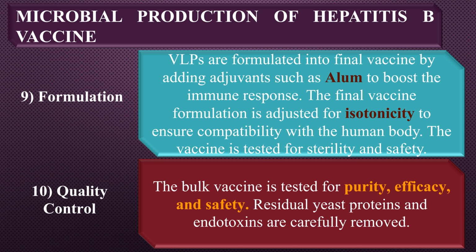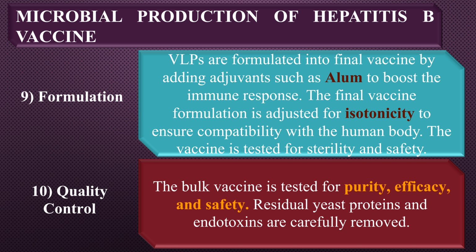The final vaccine formulation is adjusted for isotonicity. That means matching the salt concentration to that of the body fluids to ensure compatibility with the human body. The vaccine is tested for sterility and safety before proceeding to sterilization, filling and packaging.